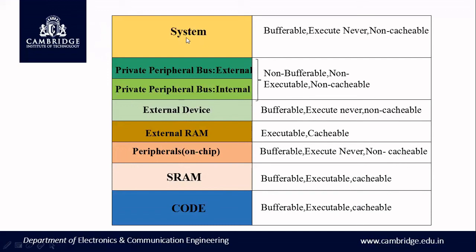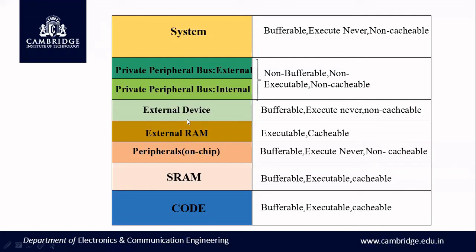And when you come to the system, vendor specific region, you can write the data into it, hence it is bufferable. The vendor can write into it, so he has made it bufferable, but he can never execute it nor read it. So non-cacheable and execute never. So these are the memory attributes which are available for each of these regions in the memory map of your Cortex-M3 processors, right?